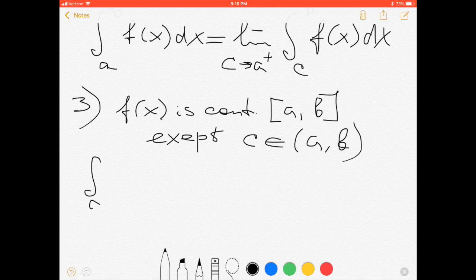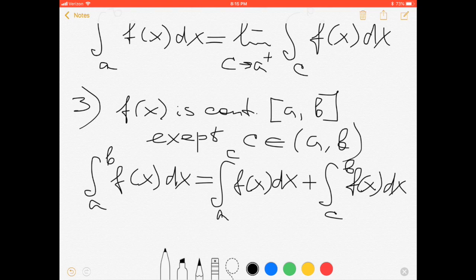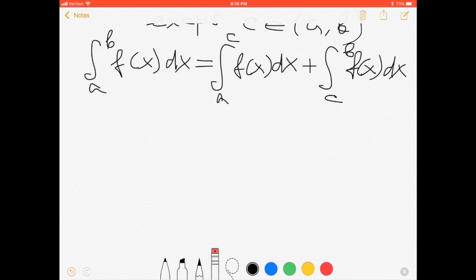Then the integral from a to b of f(x) dx will separate into two integrals: from a to c of f(x) dx plus from c to b of f(x) dx. And how do we work with each of these integrals? You know, because first is from our first definition and second is from our second definition. Okay, good.